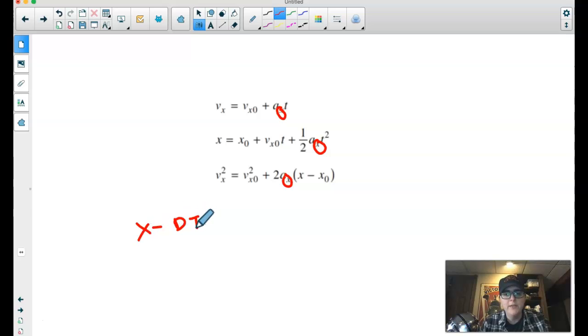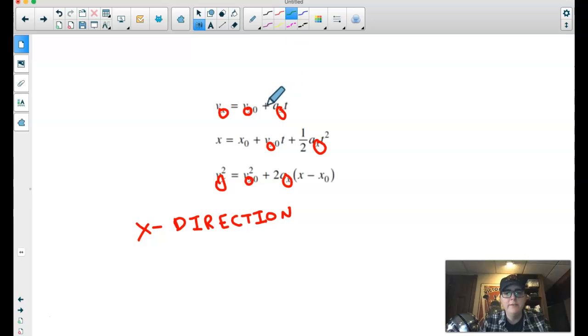When you're dealing with something that has vertical motion, it might make sense to change that subscript to a y. But anywhere you see that little x subscript, that just tells you it's referring to the x direction, so horizontal motion.